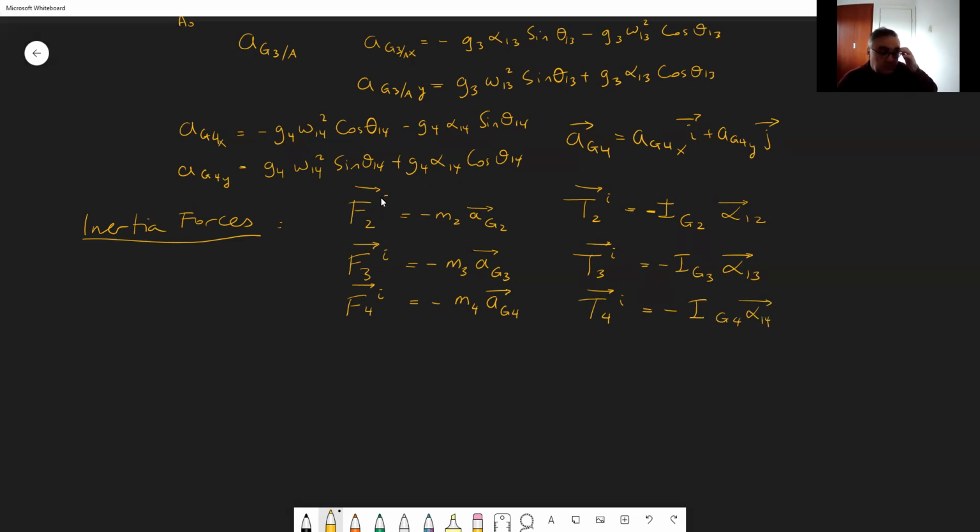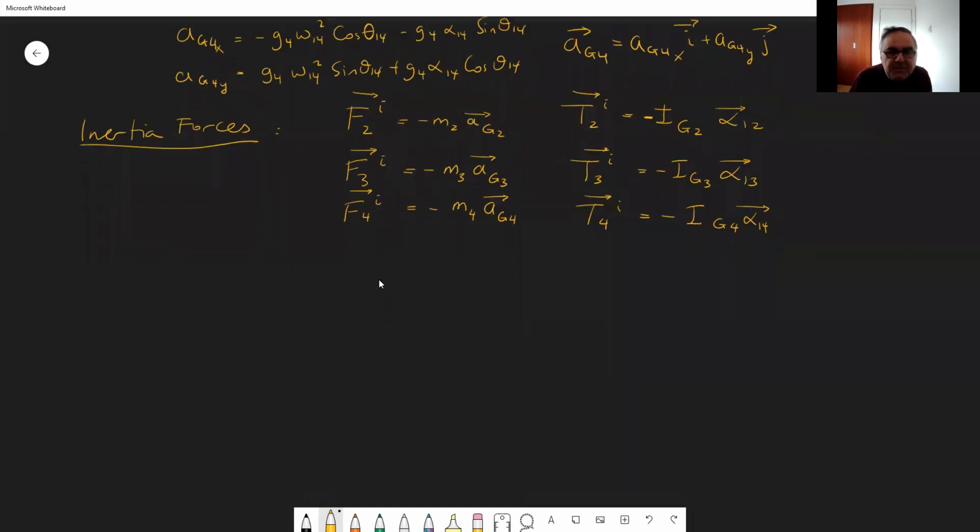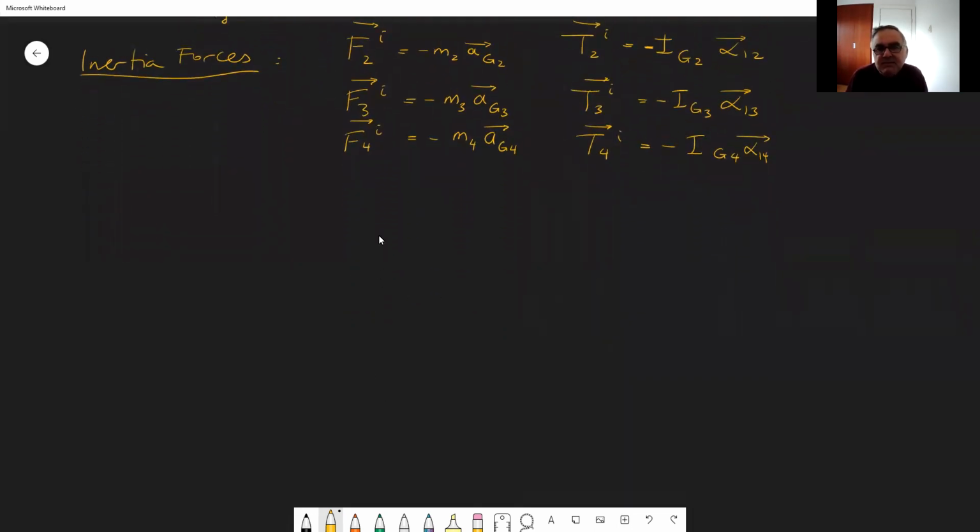Okay, so once we do this, now we include these in our free body diagrams as external forces, kind of, and then we do static force analysis, but we include the inertia forces.